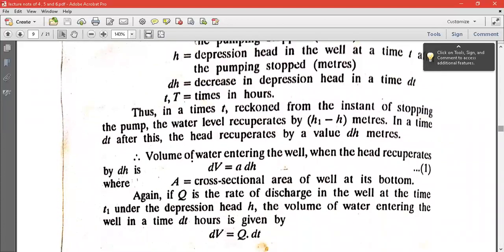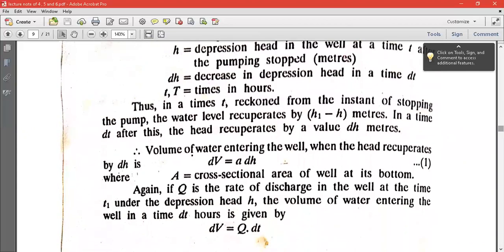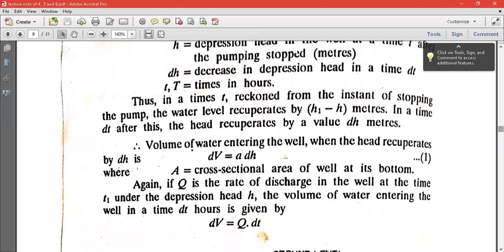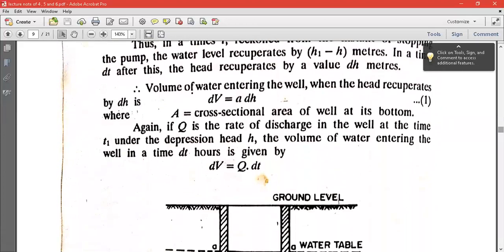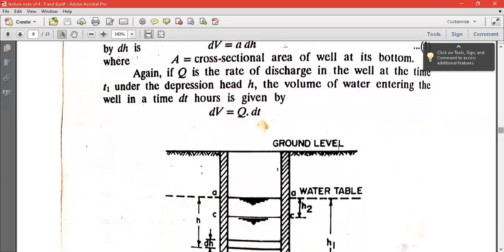Now again it can be defined as a rate of discharge, that means dV by dt. So I can write dV equal to Q dt. So Q dt equal to A dH, because dV equal to A dH.